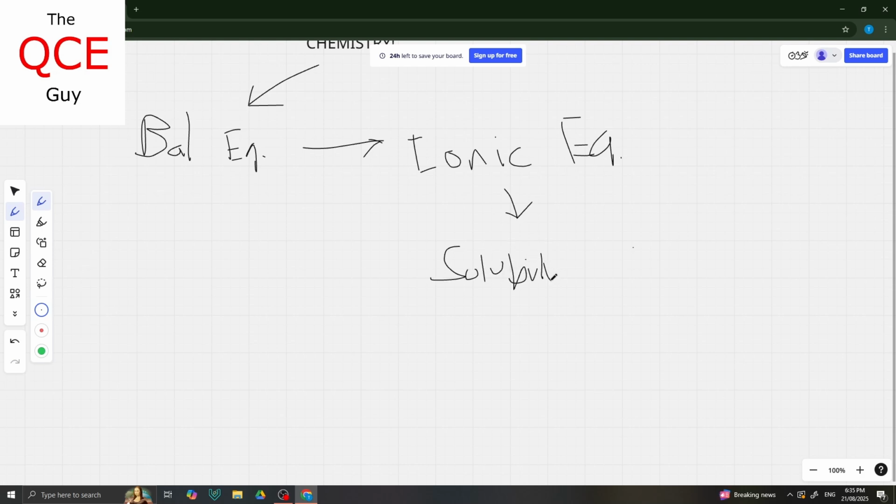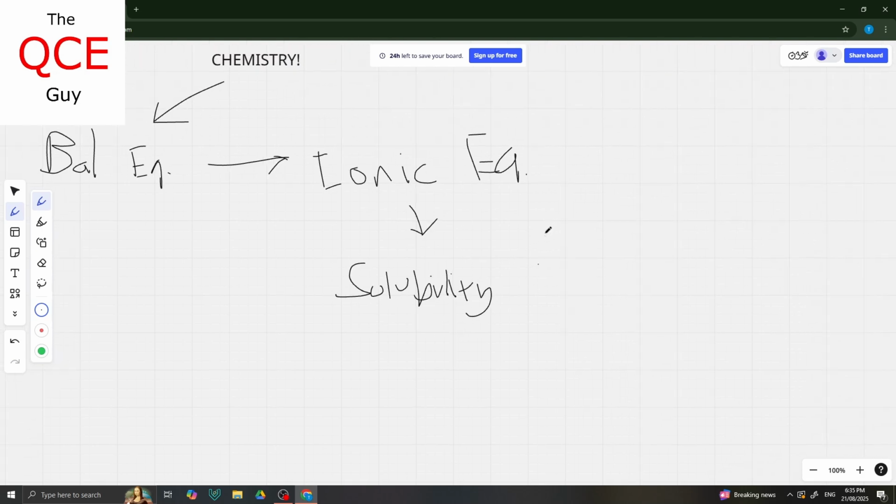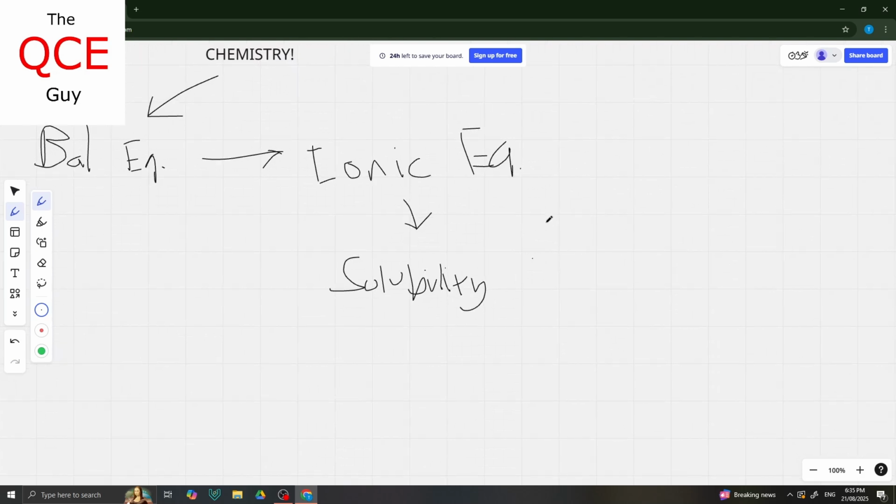So in class, for anyone watching, for at least QCE's Unit 2, solubility in aqueous solutions is quite a key part. An aqueous solution is basically any solution where the chemical is mixed with water and will form some form of mixture.